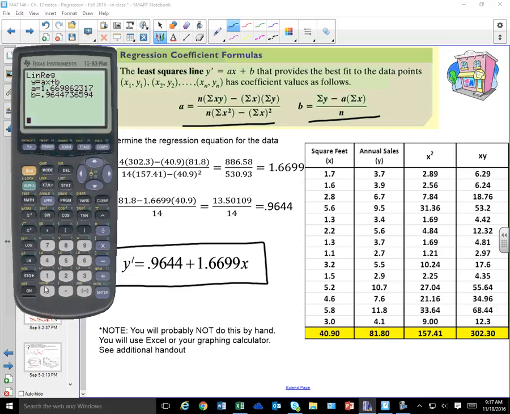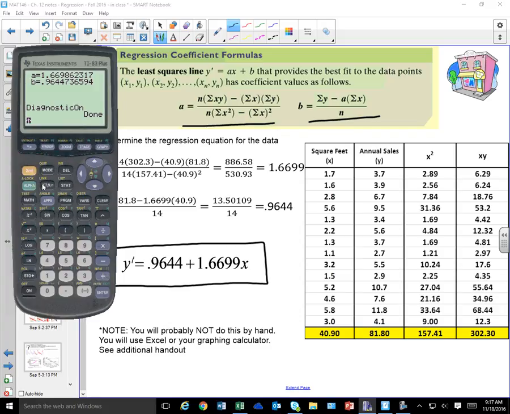Okay, so we're going to go down to the catalog here, which is the second function of the 0. So do second 0. And I'm going to scroll all the way down until I get to diagnostics on, which may take you a little while. Once you get down to diagnostics on, we want to push enter. Okay, and so it's turned it on.